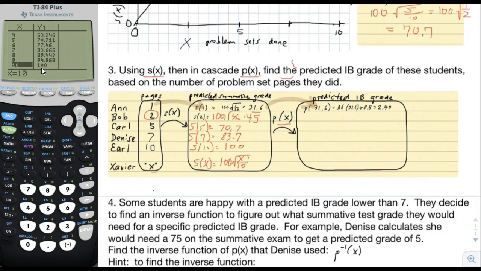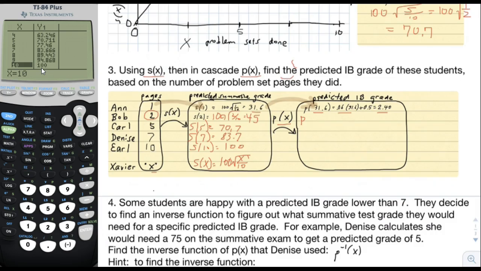For the one here, we had 31.6, and we used the function 0.06 times 31.6 plus 0.5 to convert it to an IB grade of 2.4. Actually, IB grades are integers, whole numbers, so it's not actually going to be 2.4. We could either round it down to 2, or round it up to 3.